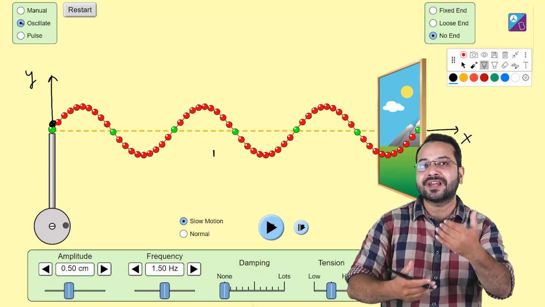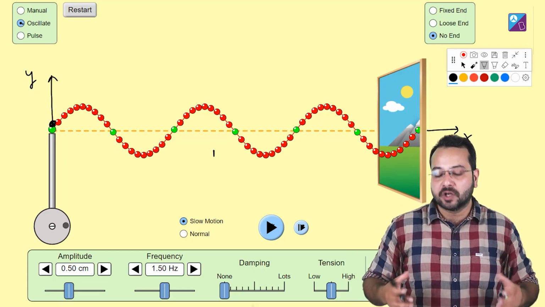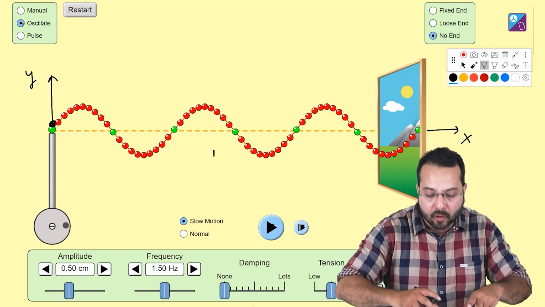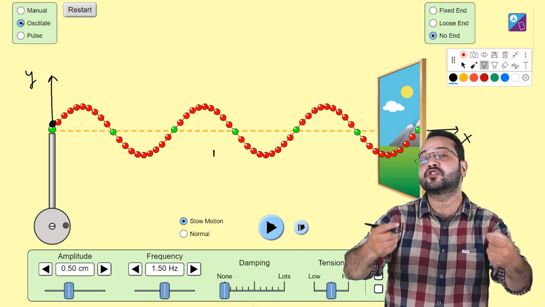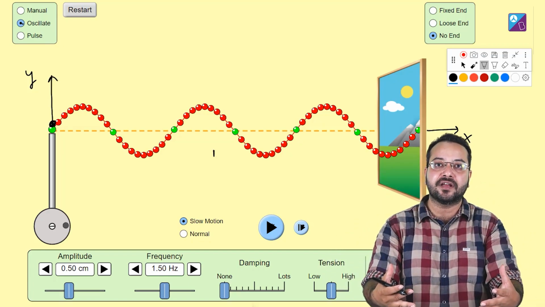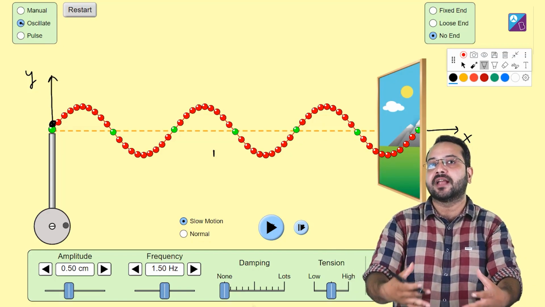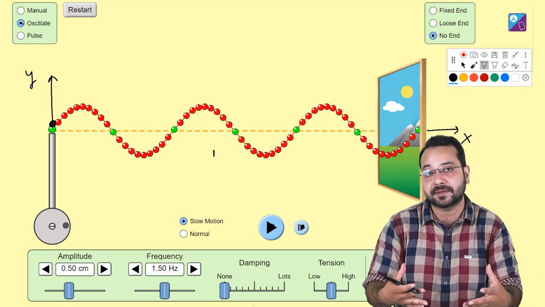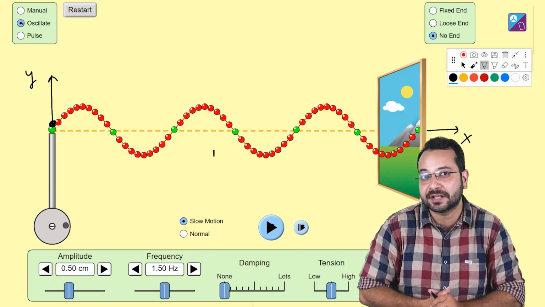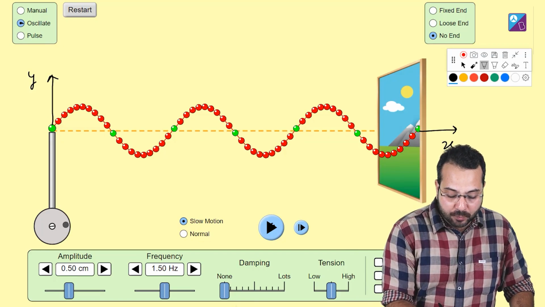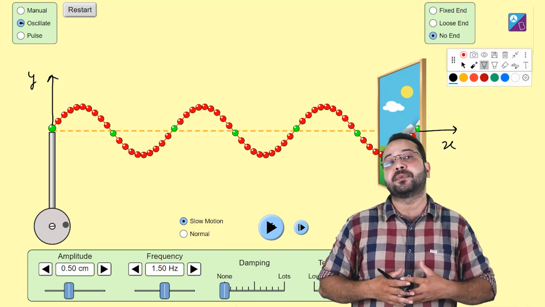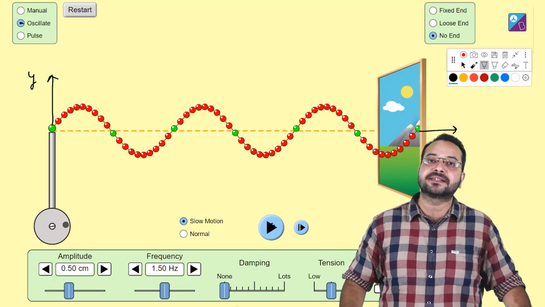The shape of the string has been regained, which means that the displacement of all the particles on the string, the motion of all the particles on the string, has repeated itself after a certain interval of time. And this keeps happening and happening. The shortest time interval is called, you know it, the time period. And the frequency is defined by 1 upon time period, which means cycles per second.